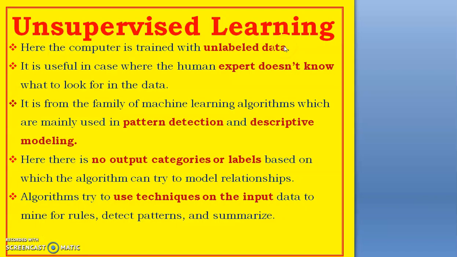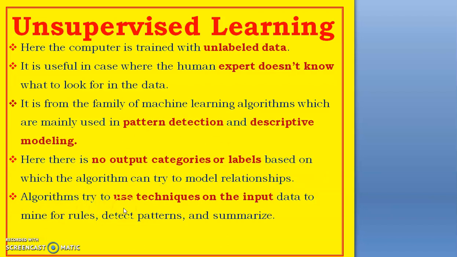Here in unsupervised learning, the computer is trained with unlabeled data. It is useful in cases where the human expert does not know what to look for in the data. It is from the family of machine learning algorithms which are mainly used in pattern detection and descriptive modeling. Here there are no output categories or labels based on which the algorithm can try to model relationships.